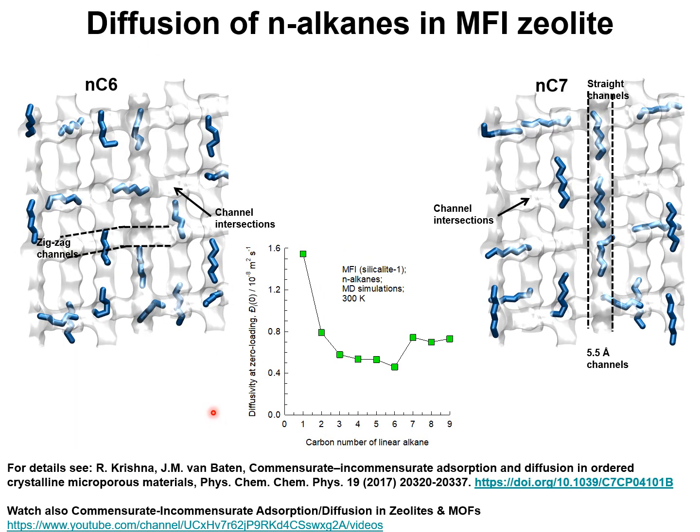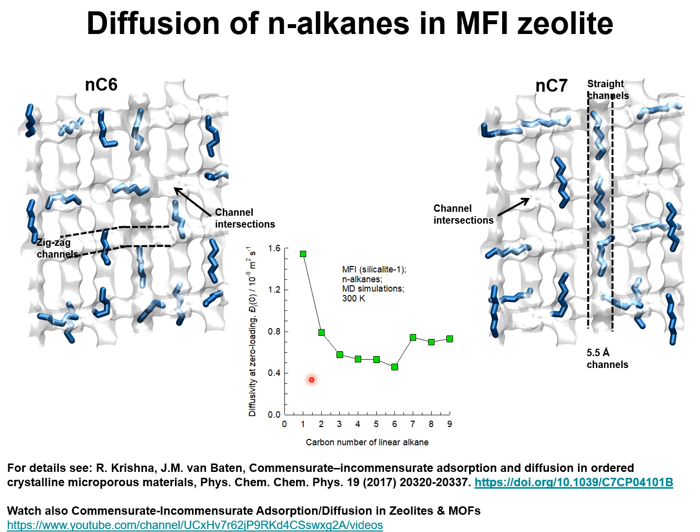Let's now examine the diffusivities of linear alkanes in MFI zeolite. MFI stands for Mobil 5. MFI consists of a set of intersecting channels, straight channels, and zigzag channels. The channel dimensions are approximately 5.5 angstrom.